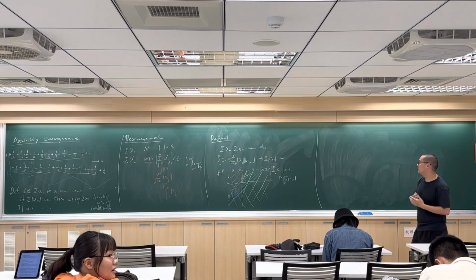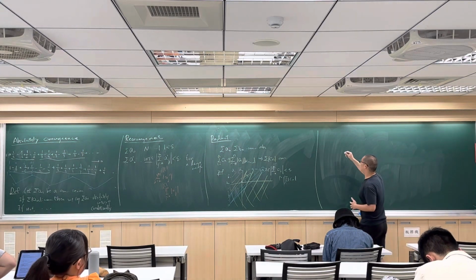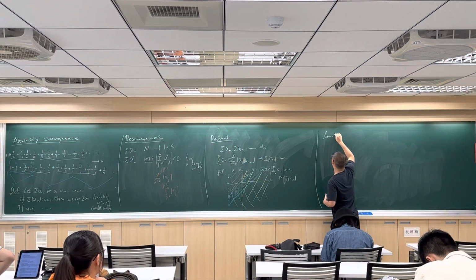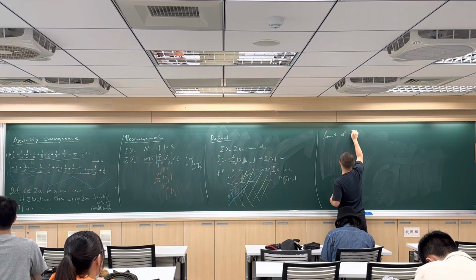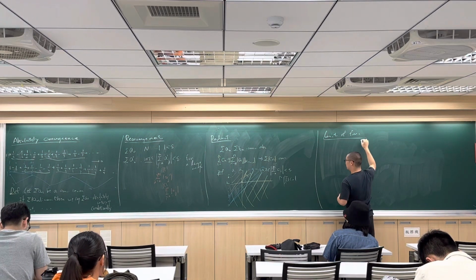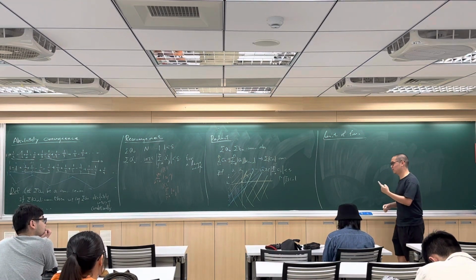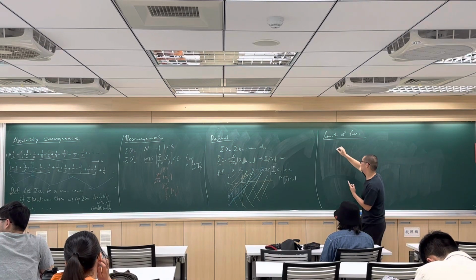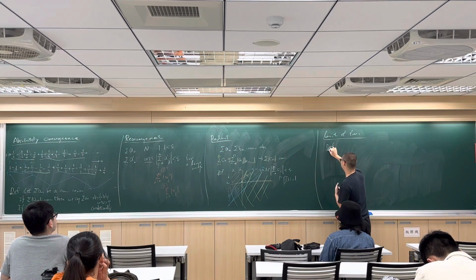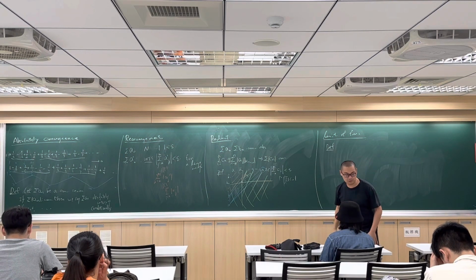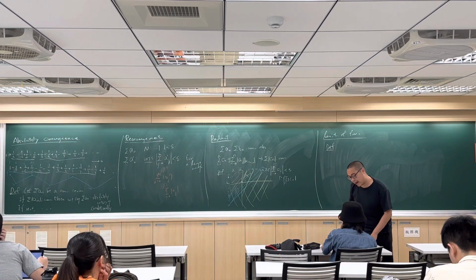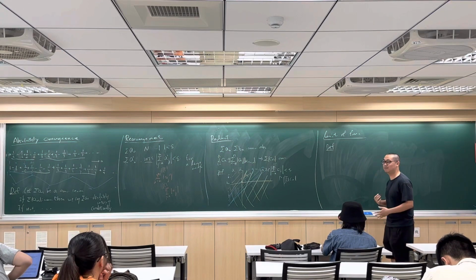Depends on. Okay, so the limits of function. I'm running out of time. Limit of function. So the point here is, first one is as a definition. As a definition. How much time do I have? I have like negative 11 minutes.